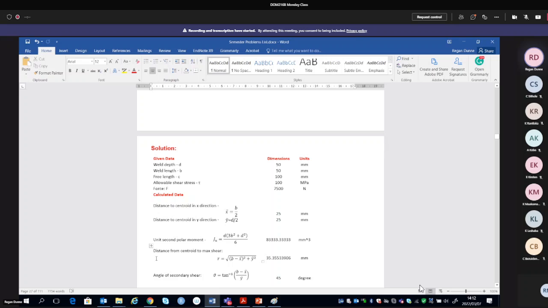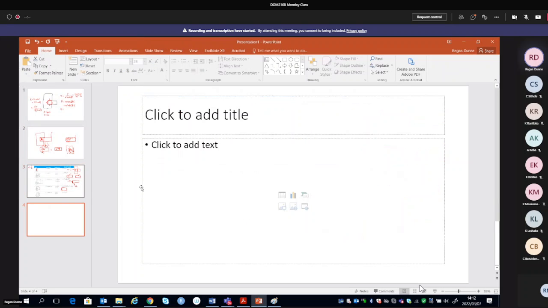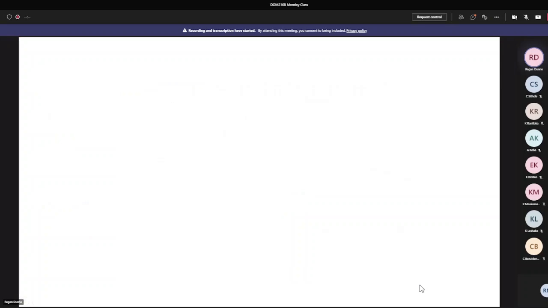My distance r from the centroid, from here, our problem is going to look like this. Our distance r to the point of greatest shear stress.